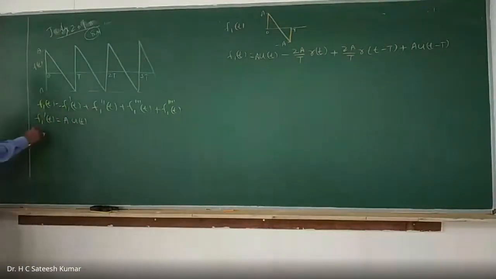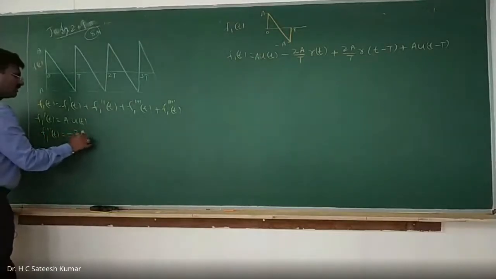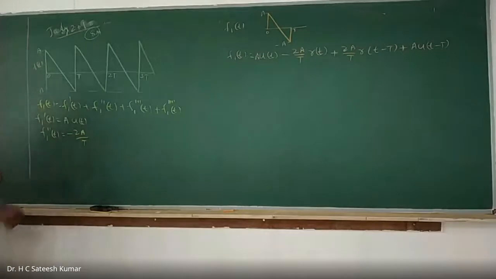Okay, right. f1 double dash of t is equal to second term, minus 2a divided by t into r of t.